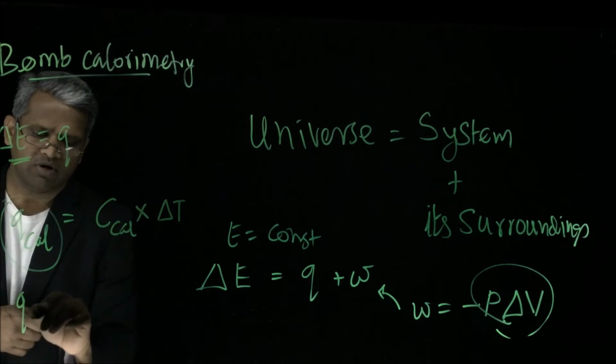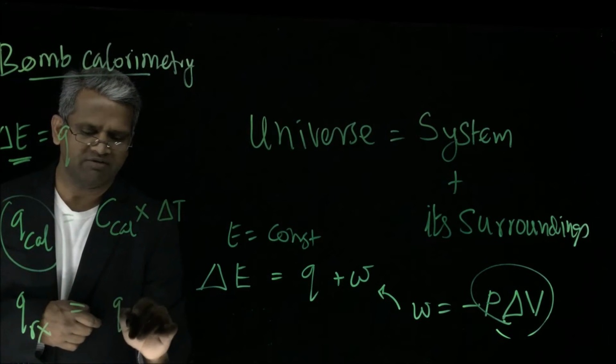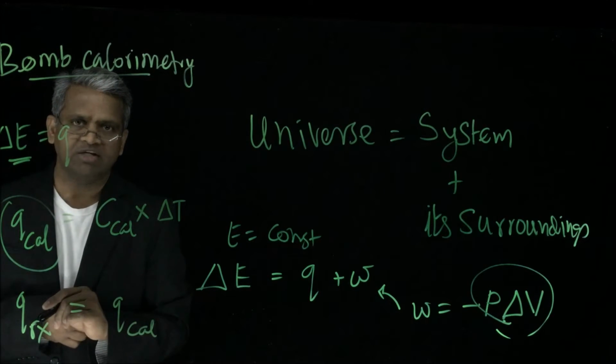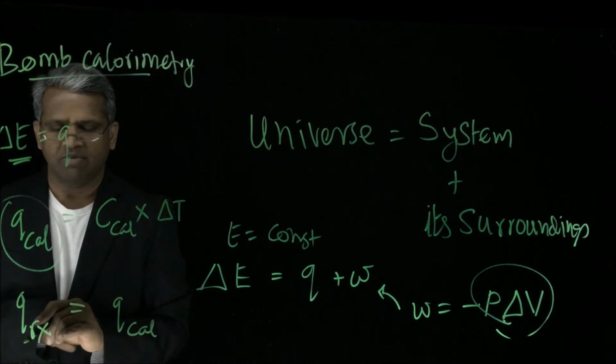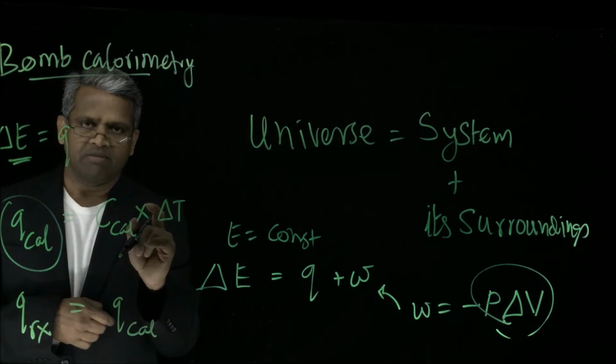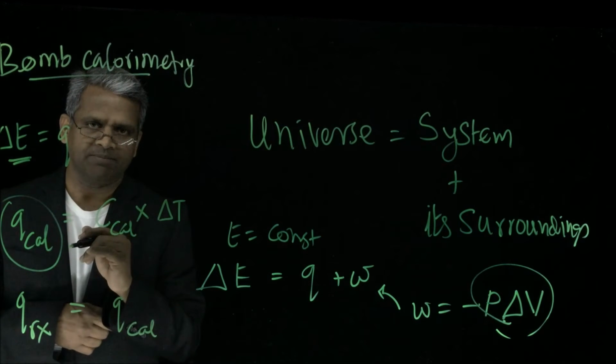Now, the quantity of heat released by the reaction must be equivalent to the quantity of heat absorbed by the calorimeter, with a minor change, because a bomb calorimeter is an isolated system.